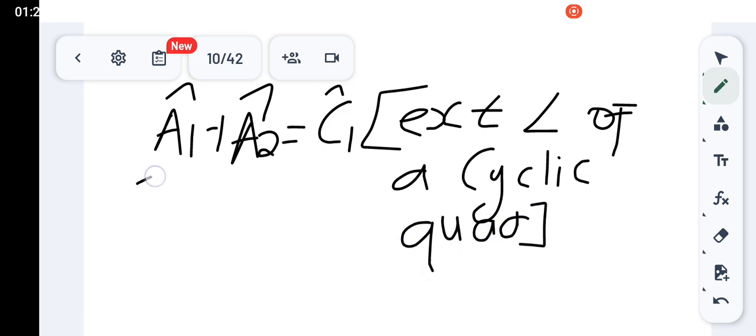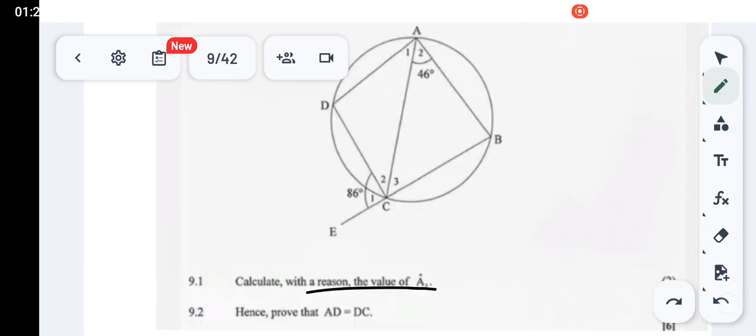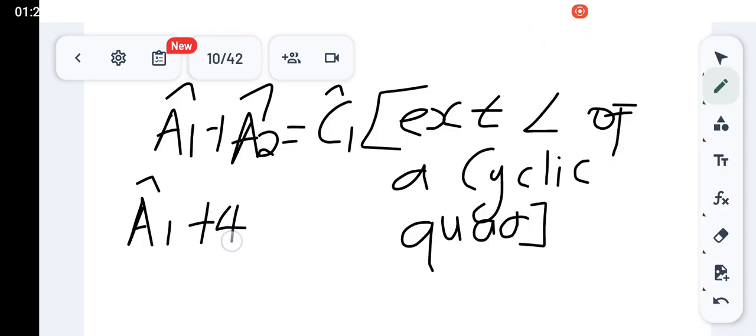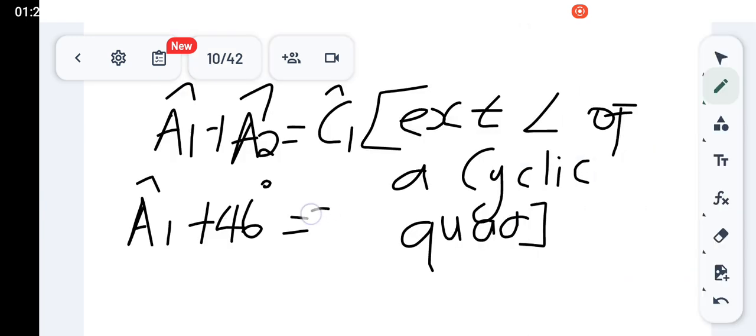Right, therefore we are looking for angle A1. We are given angle A2, 46 degrees, and we are also given angle C1, which is 86 degrees.